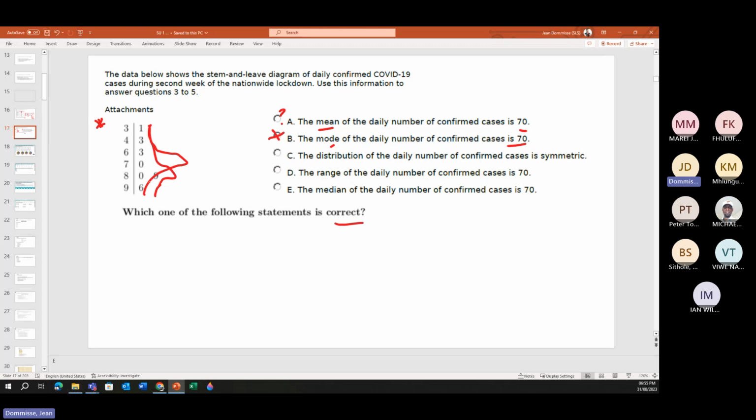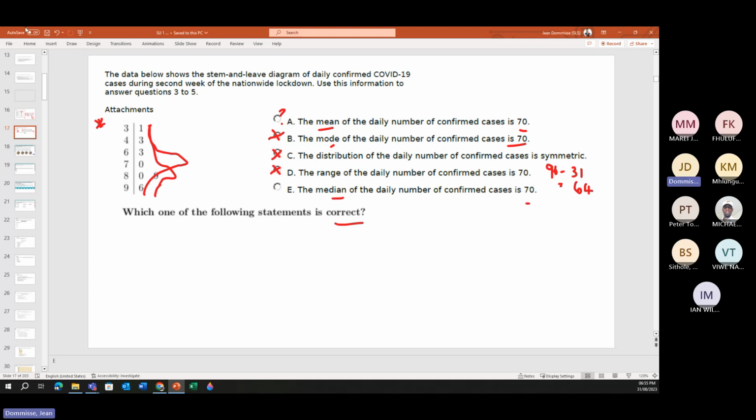It is slightly to the right of a curve. So the distribution is definitely not symmetrical. The range is your biggest number minus your smallest number. So 96 minus 31 gives you 64. So the range is also incorrect.